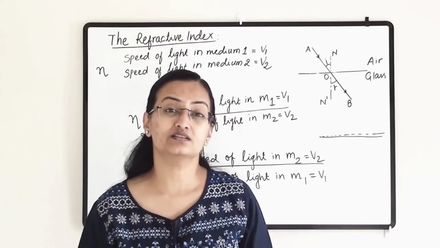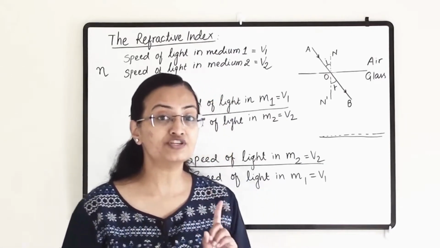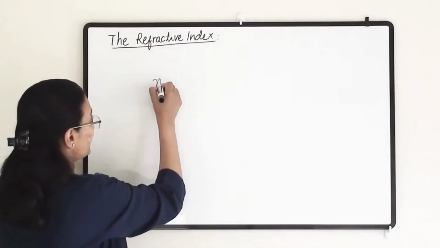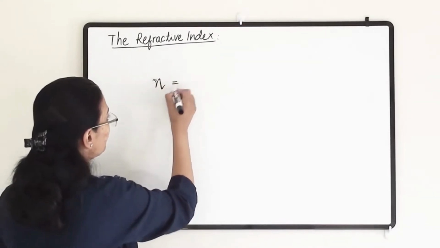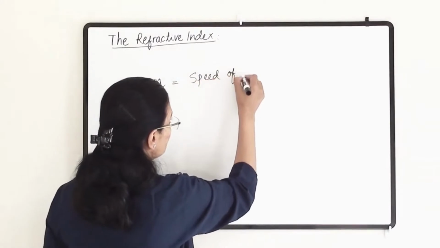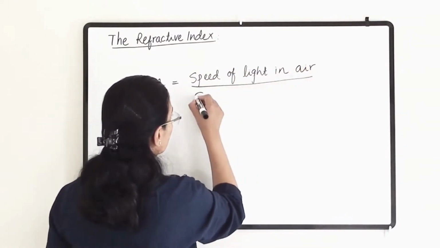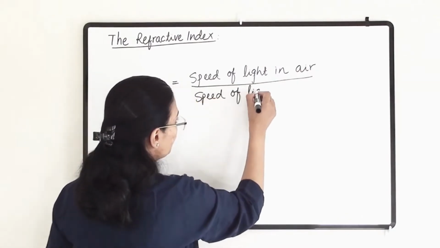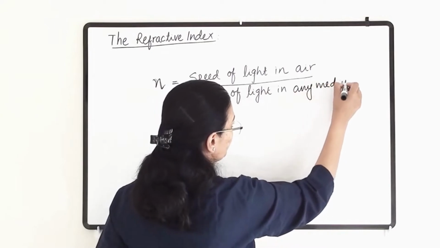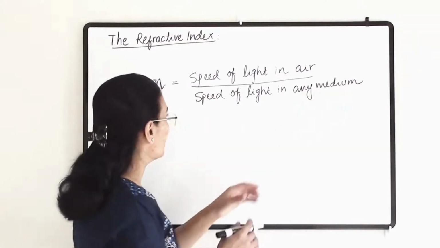Now let us write the formula for the absolute refractive index, or refractive index, in which one of the media will be air. So the refractive index is the speed of light in air divided by the speed of light in any medium. Here any medium means oil, water, glass, any medium.